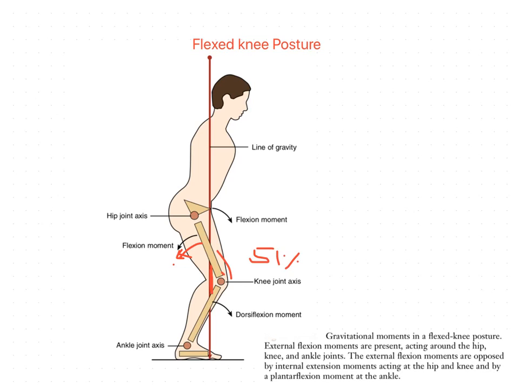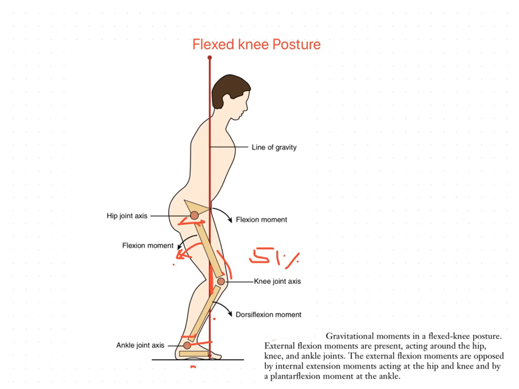Okay, the other consequences of the knee flexed erect standing posture are related to the ankle and hip. What happens at the ankle? Knee flexion is accompanied by hip flexion, and at the ankle it is accompanied by dorsiflexion. Because of the flexed knee posture, you can see the LOG falling anterior to the joint axis.